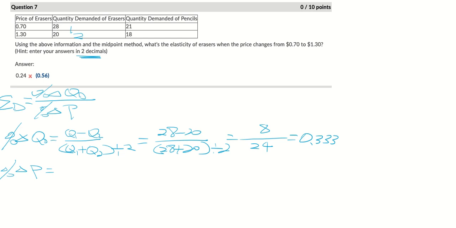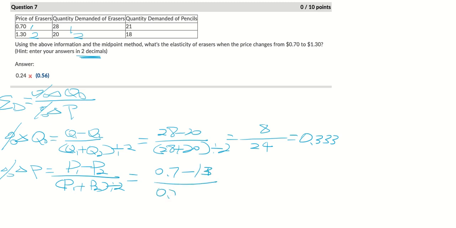And then for the next one, it's the percentage change in price. So let's call 70 cents P1 and $1.30 P2. So again, this would be P1 minus P2, divided by P1 plus P2, divided by 2. So again, this is the difference divided by the average, right? So P1 is 70 cents minus $1.30, divided by the average, so 70 cents plus $1.30 divided by 2.